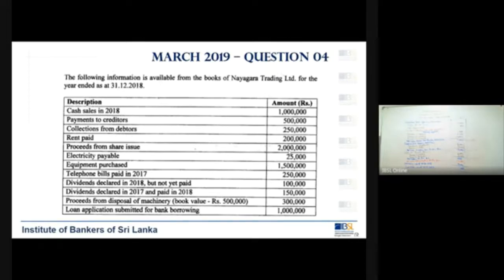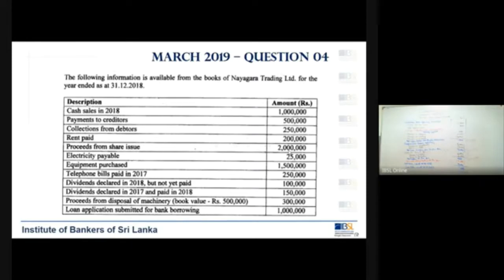Right. Now, from the list of items, you need to identify what are the elements that are going to have an impact on my cash flow. Right? And also, you need to see whether it will be a cash inflow or an outflow. Quickly, I'll give you 1 minute.